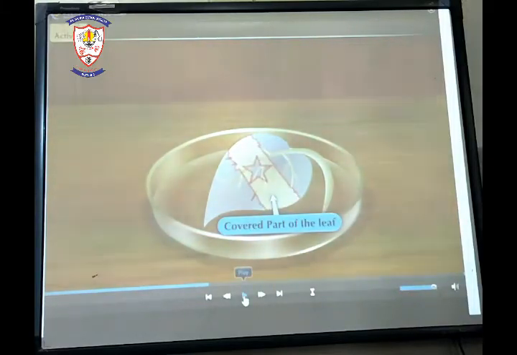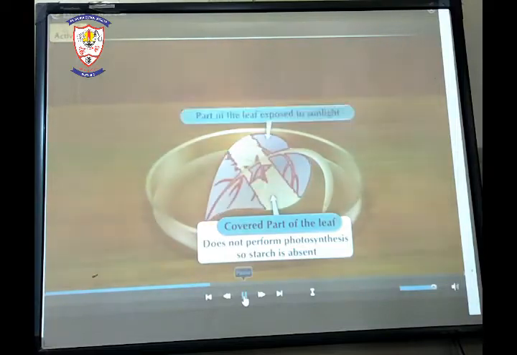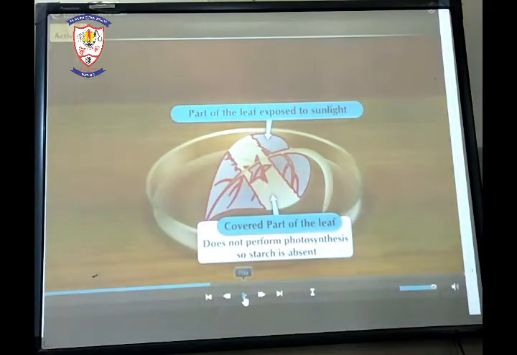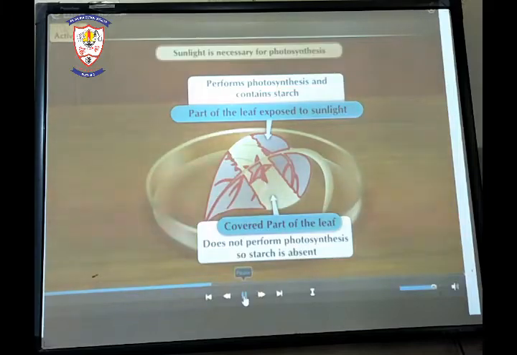By this we can conclude that the part of the leaf which was covered does not contain starch, because of the absence of photosynthesis. The part of the leaf exposed to sunlight performs photosynthesis and contains starch. Thus, sunlight is very necessary for photosynthesis.